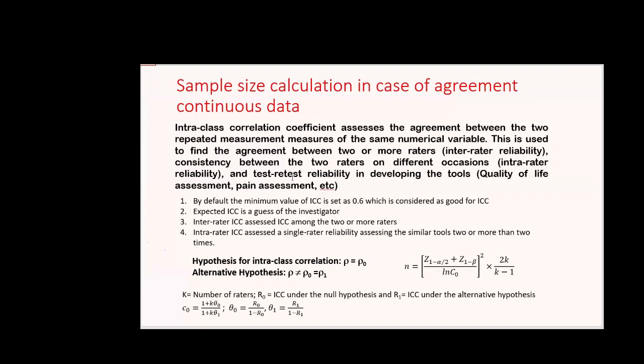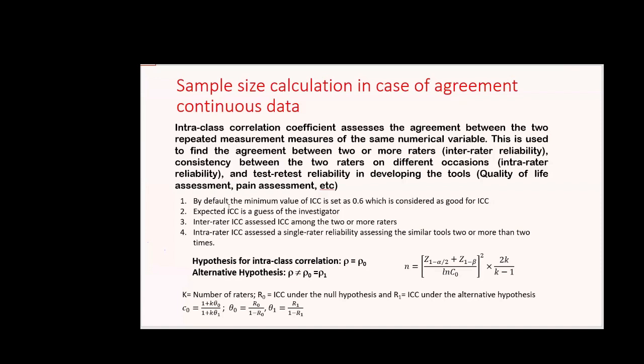Or we find out whether they understand the question in a similar way or a different way. If the agreement is not there, that means there is a problem in the question, an understanding problem for the patient. So that is test-retest reliability for developing the tool. These are some of the benefits for which we use intra-class correlation.